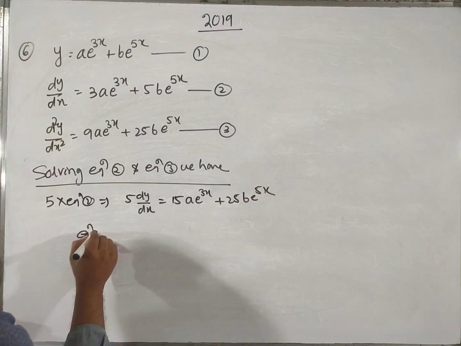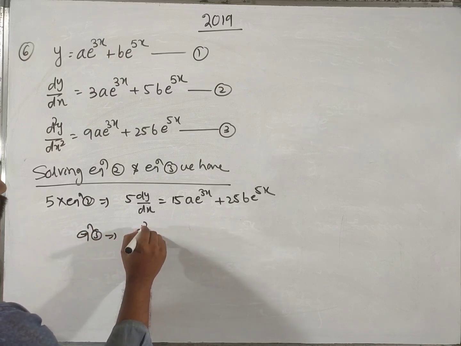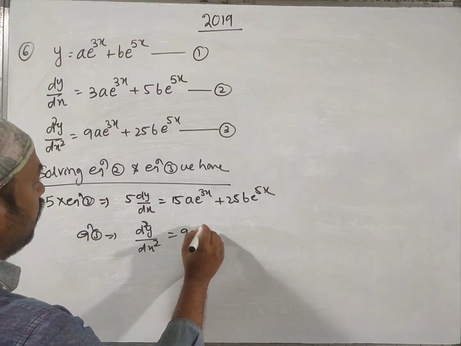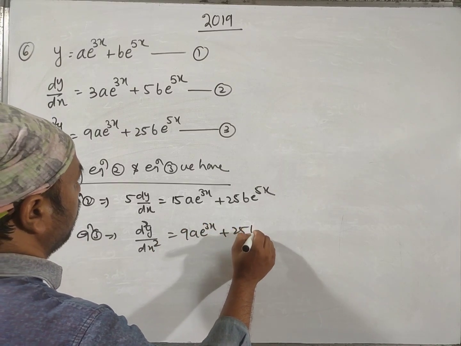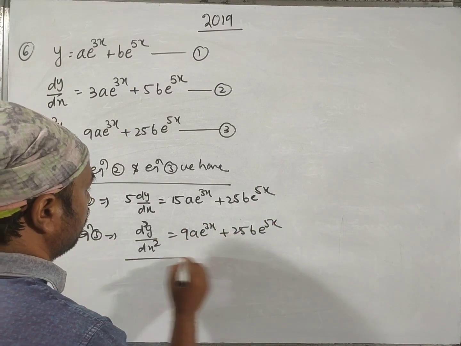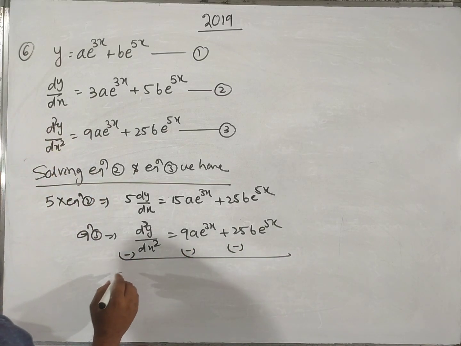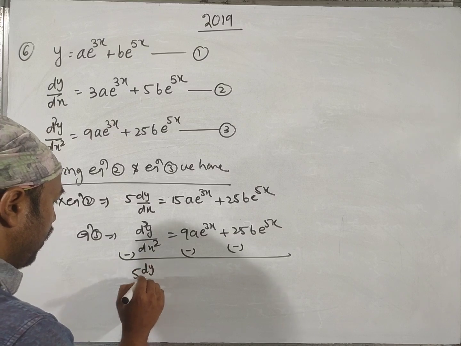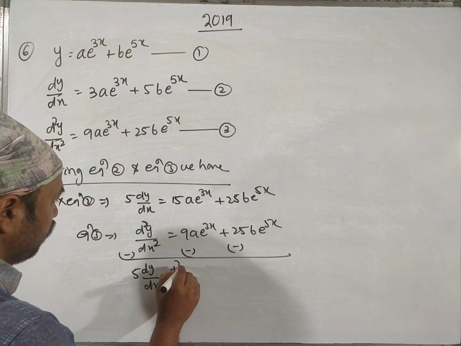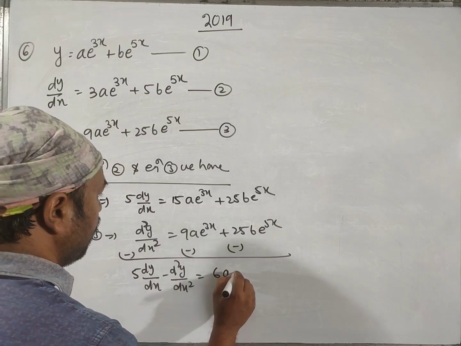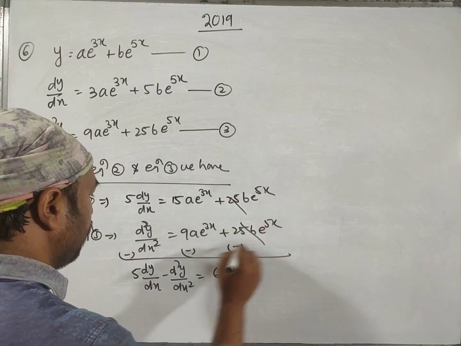Then equation number 3, d square y upon dx square, is 9a e to the power 3x plus 25b e to the power 5x. Then 5 dy upon dx minus d square y upon dx square is 6a e to the power 3x.